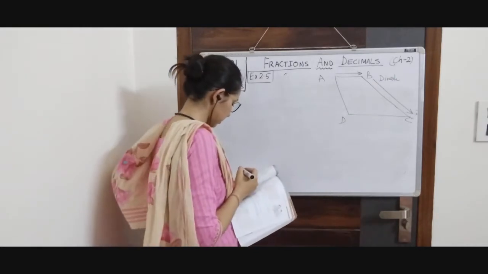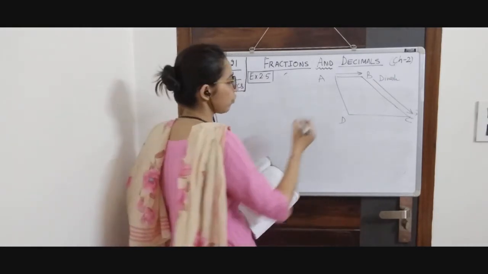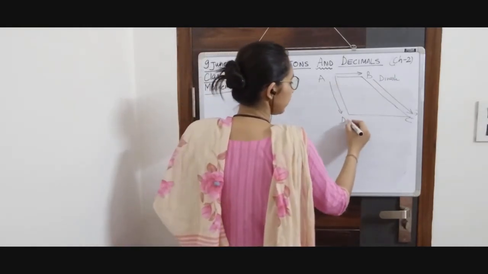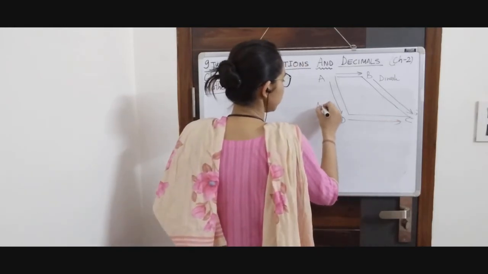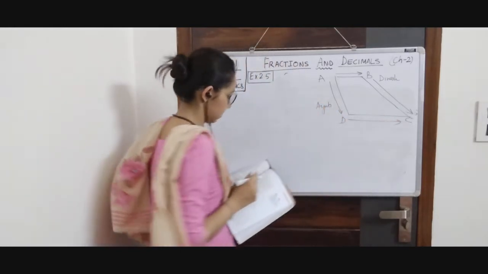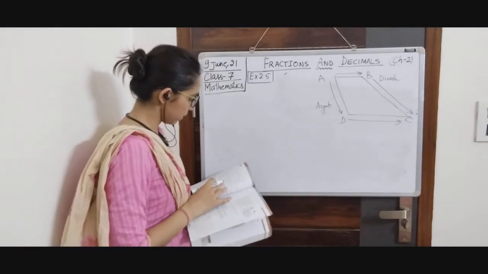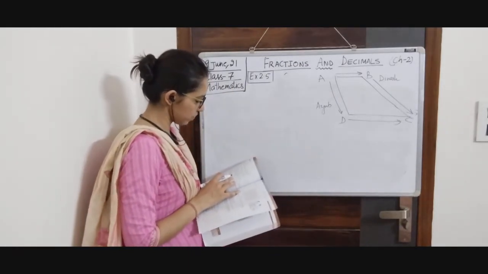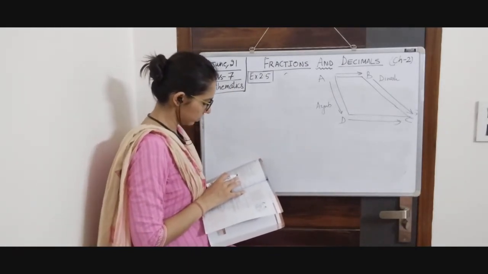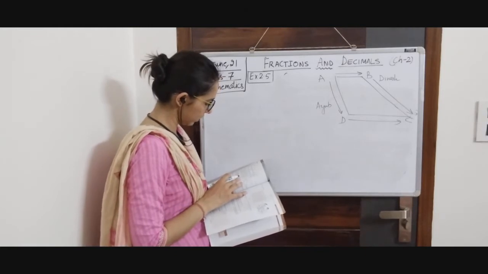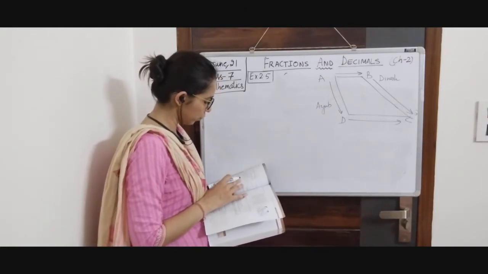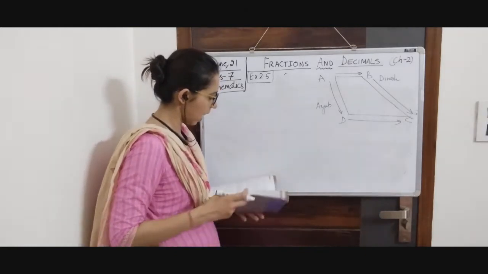And Ayub went from A to D and then here. You are given the distances between A and B, B and C, C and D, and A and D. You have to find out who traveled more and by how much.